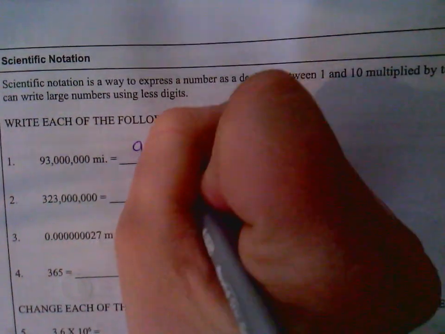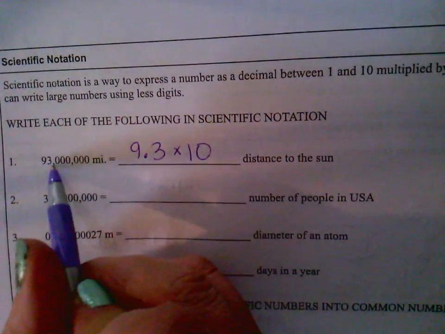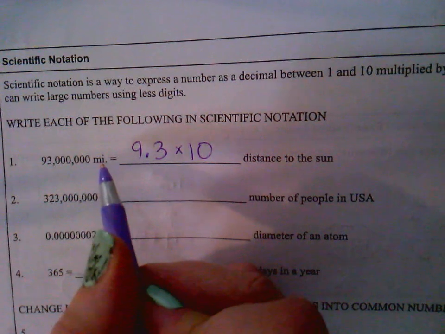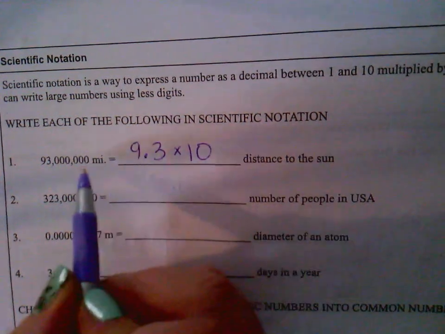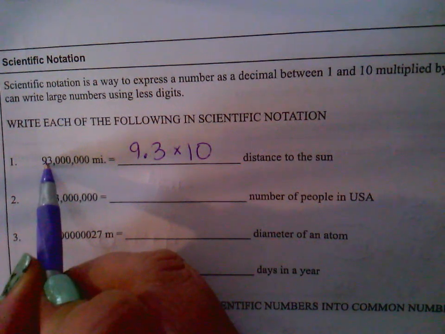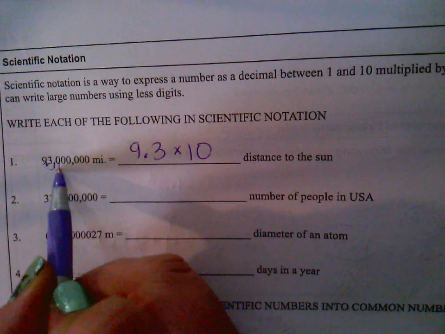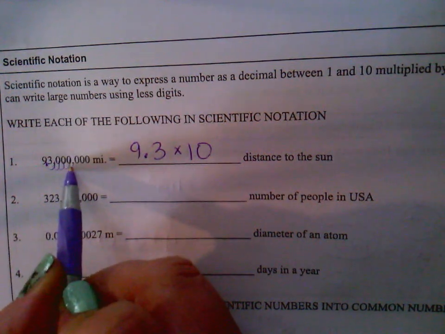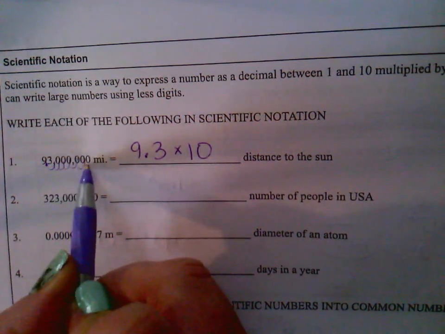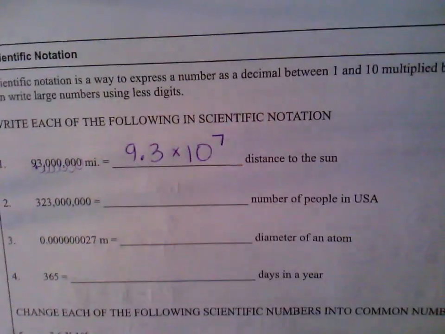And then we're going to write times 10 to a certain power to move the decimal all the way back over to 93 million. So if I put my little dot with my purple pen where 9.3 is, and I think about sliding my purple pen all the way to the end, how many times does it have to slide past all those zeros? It has to slide 7 times to the right.